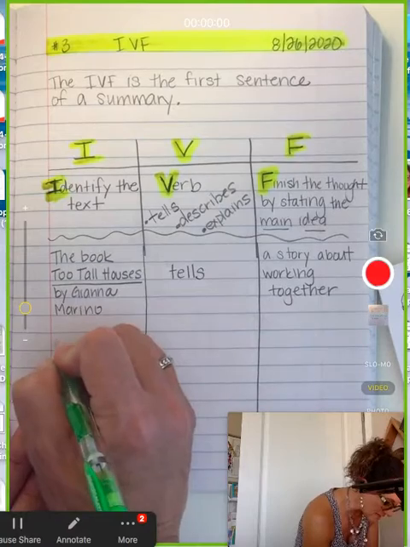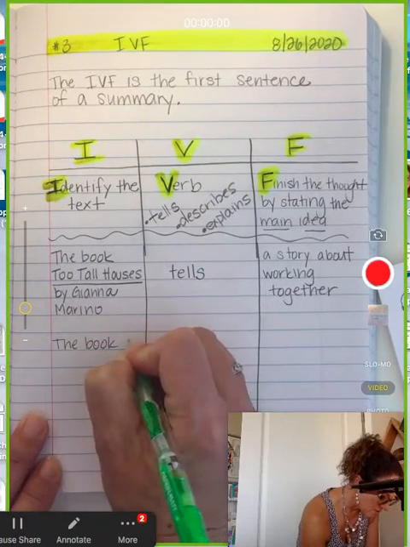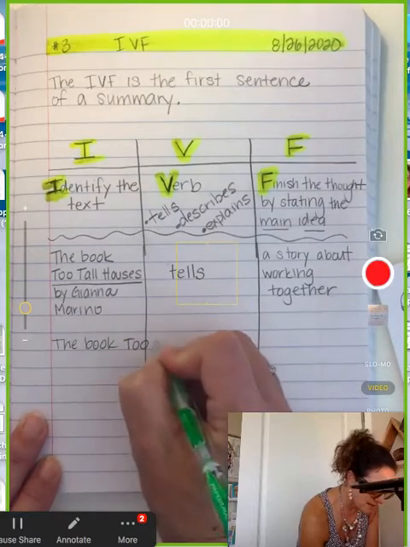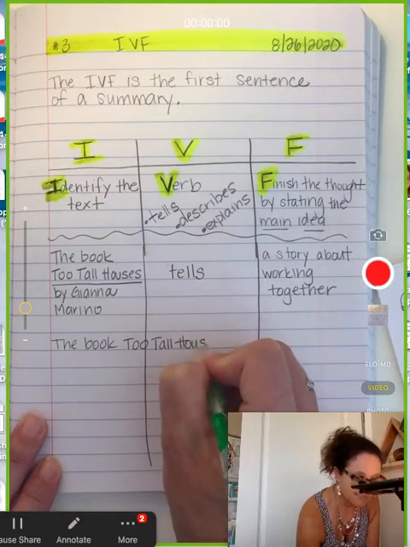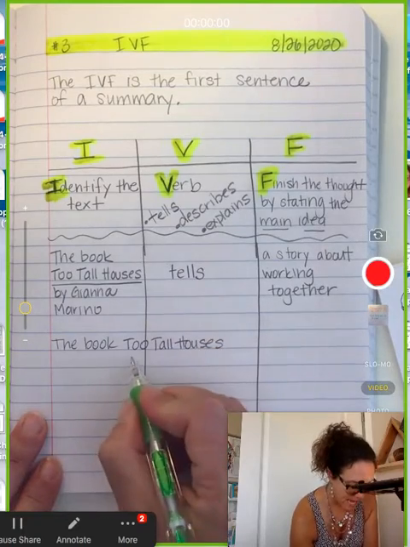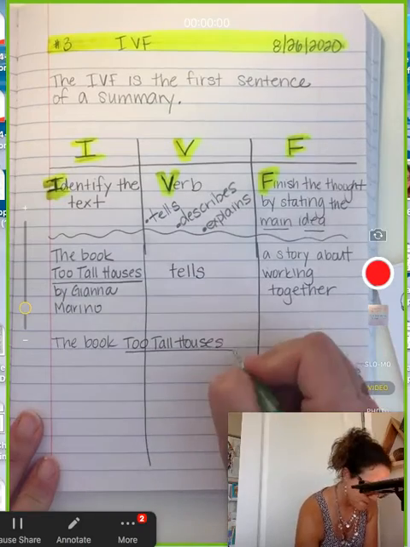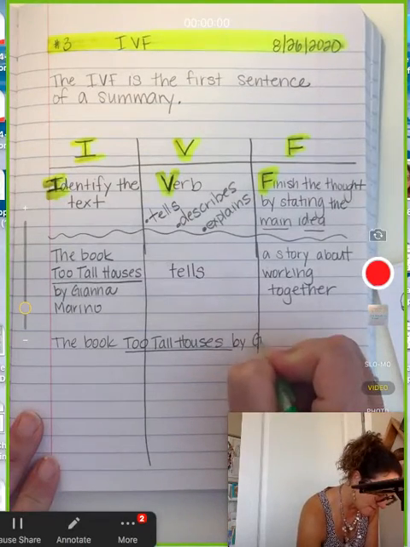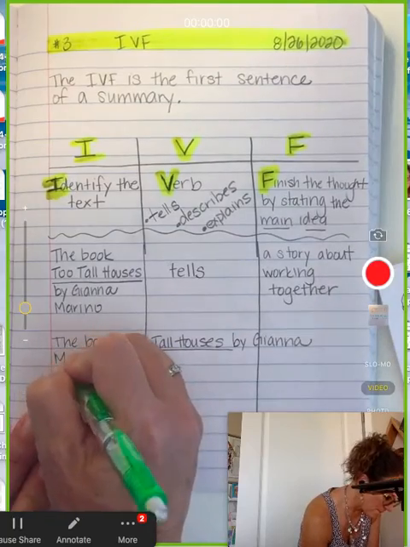So it will look like this. The book, Two Tall Houses, and I remember it's a name of a book, so I'm capitalizing each word, and then I'm going to underline it. By Gianna Marino.